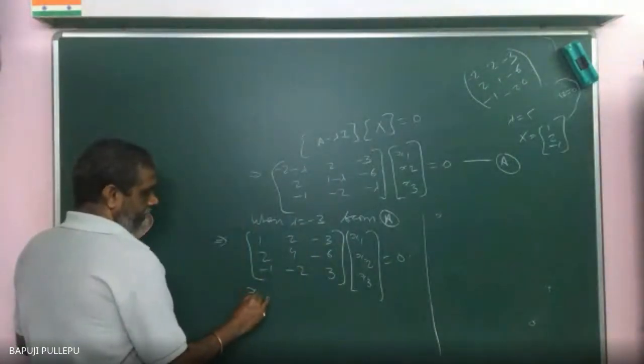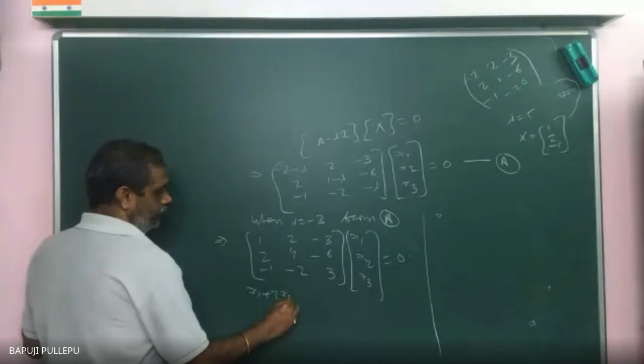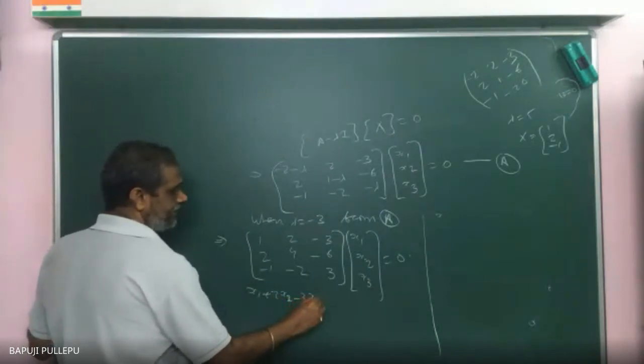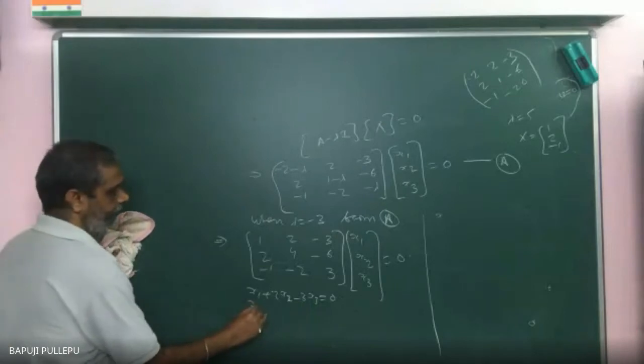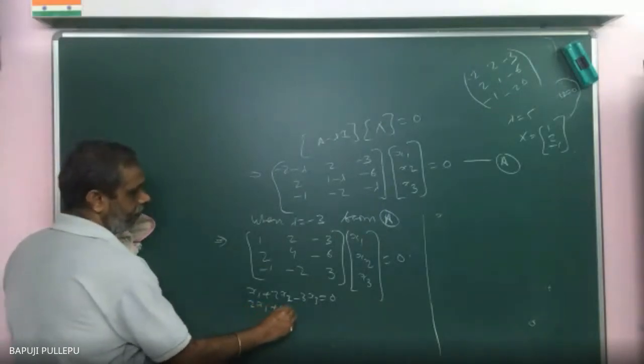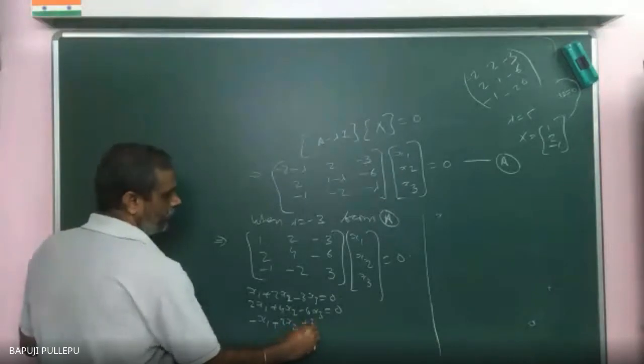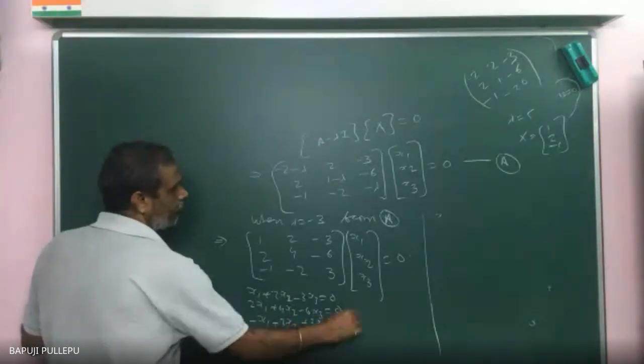Write now the equation x1 plus 2x2 minus 3x3 is equal to 0. Second equation: 2x1 plus 4x2 minus 6x3 is equal to 0. Third equation: minus x1 plus 2x2 plus 3x3 is equal to 0.